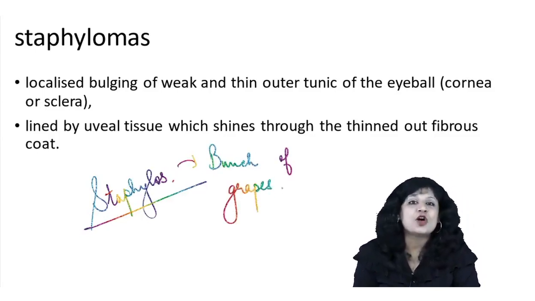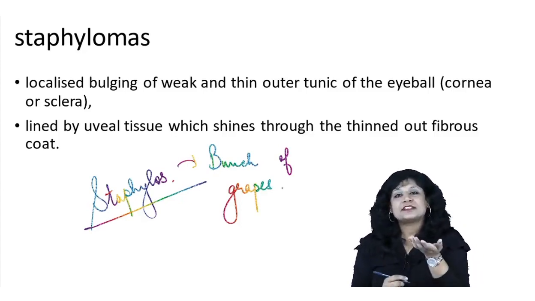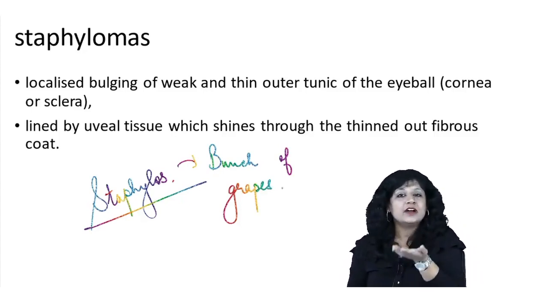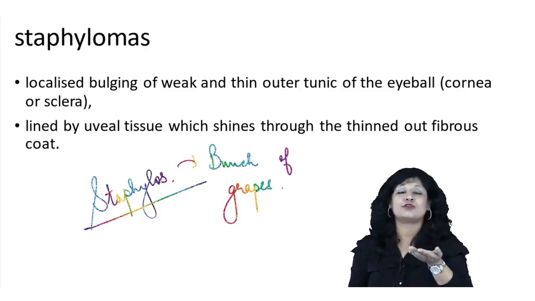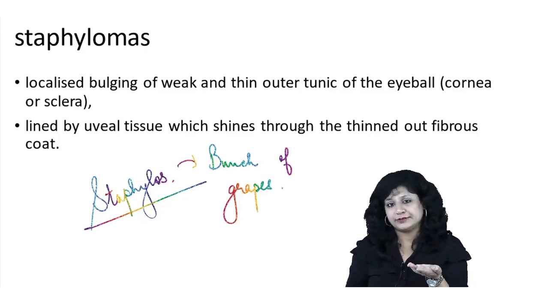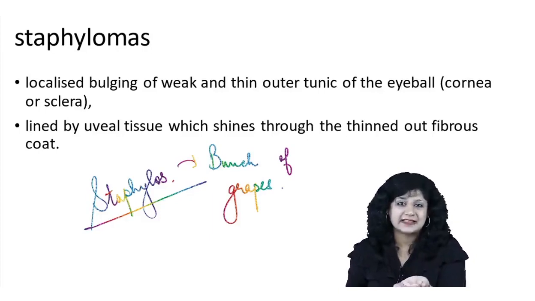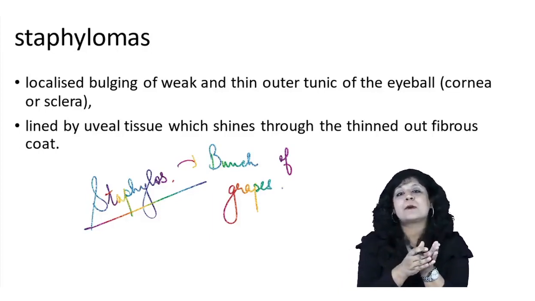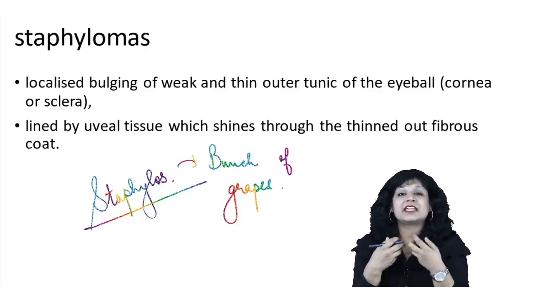So staphyloma is the word which literally defines the appearance of the organ. Now what do you mean by that? The localized bulging, or there is thinning.